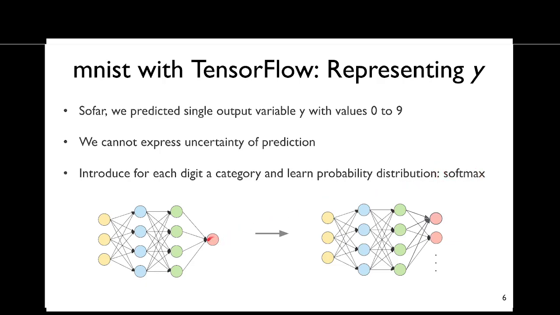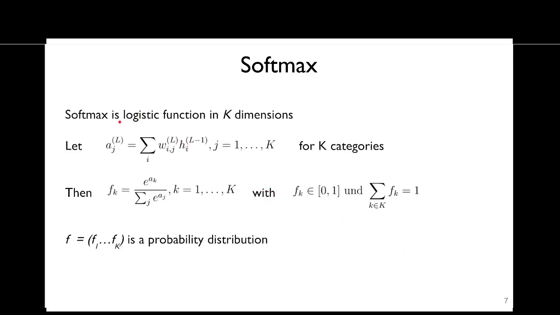And so instead of having one output, we will now have 10 outputs. So it's not a single class problem, but a multi-class problem. And softmax is defined as follows. We have the weighted sum in the last layer. So essentially we build the sum over the neurons i in the previous layer L-1.